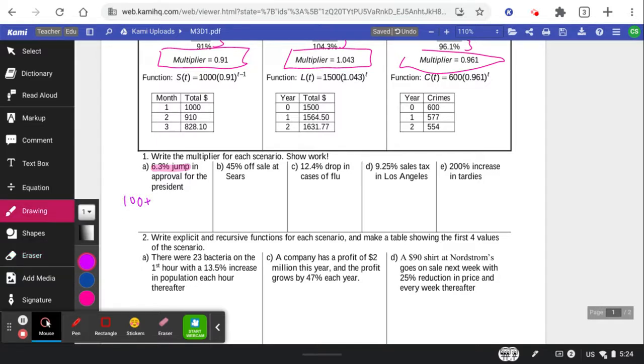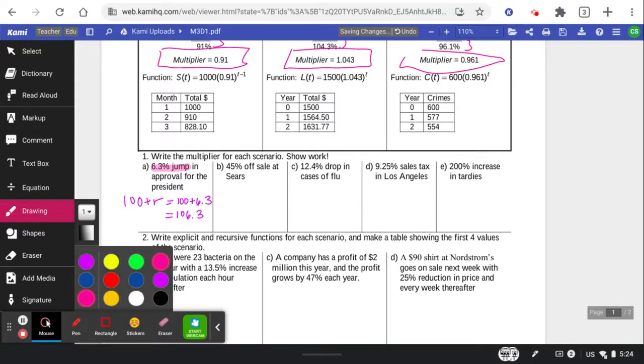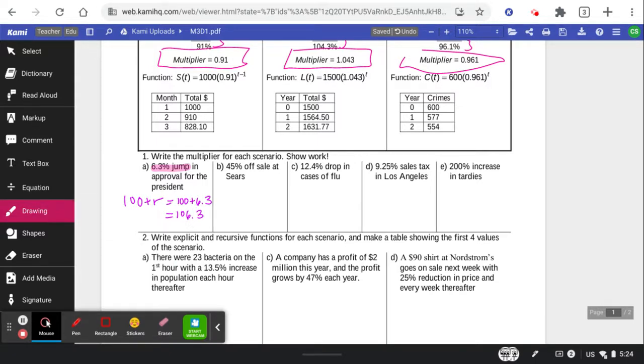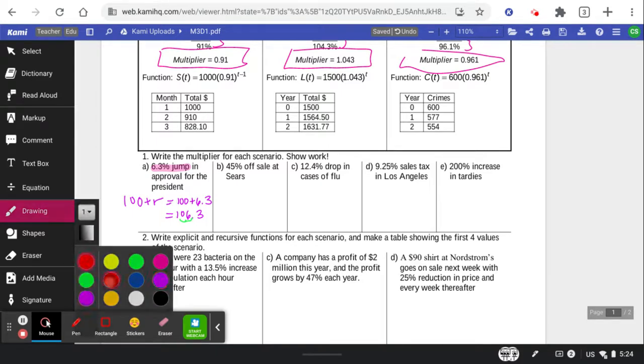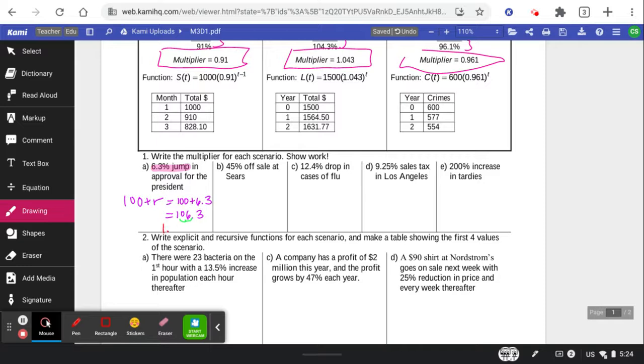So 100 plus the rate is 100 plus the 6.3. That makes 106.3. Then we take that decimal and we bump it left twice, getting our final multiplier in decimal form as 1.063. How'd you do? So when this is an increase, we use the 100 plus R.